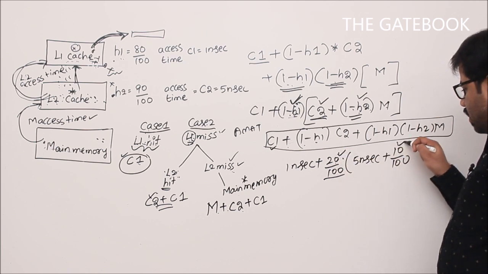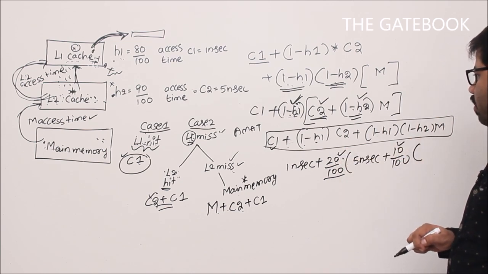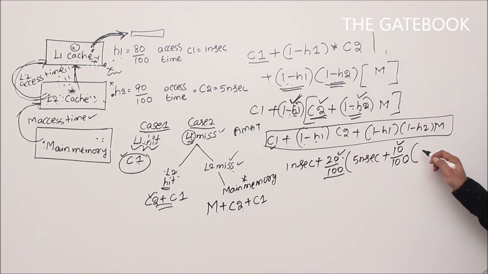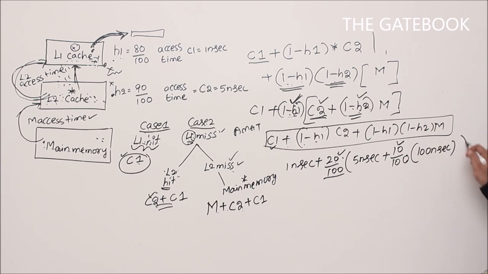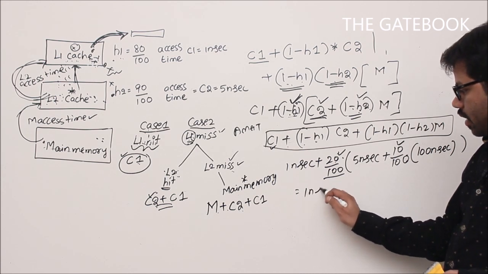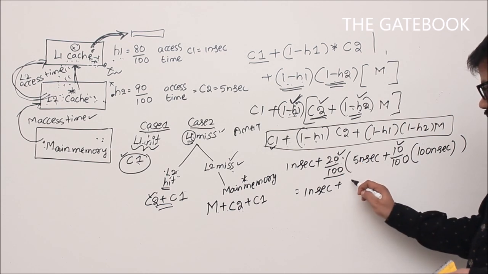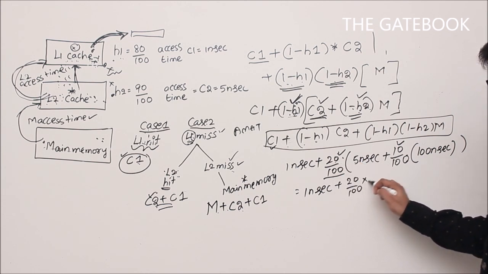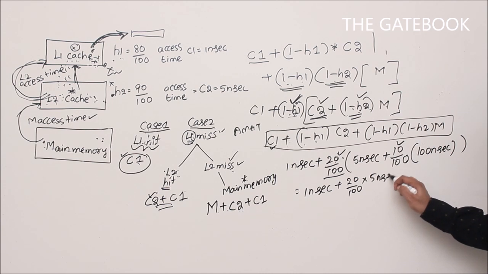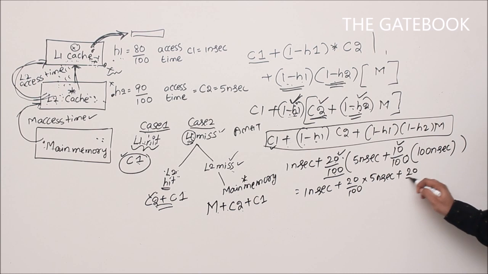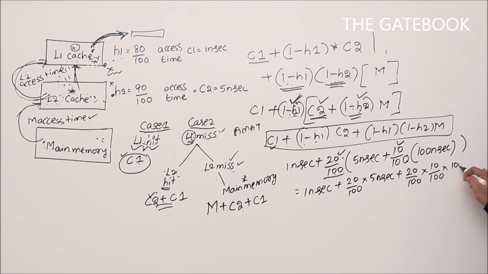In this rare case only we will have M. What is that? Main memory access time. If you remember, in the previous example we took main memory access time as 100 nanosecond, right? So 10% of the time 100 nanosecond, it becomes 1 nanosecond plus 20 by 100 into 5 nanosecond plus 20 by 100 of 10 by 100 of 100 nanosecond, right?